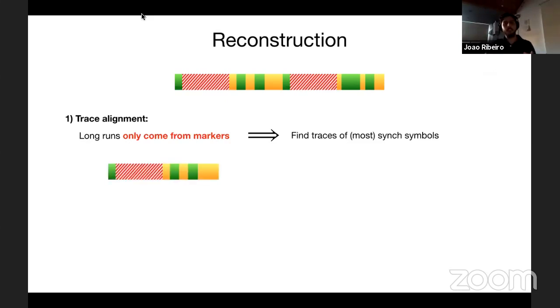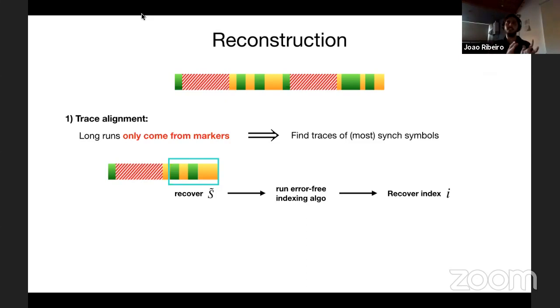You do this for a bunch of synchronization symbols, because then you can run the error-free indexing algorithm, and for most of them you will be able to recover the true index i of the synchronization symbol.